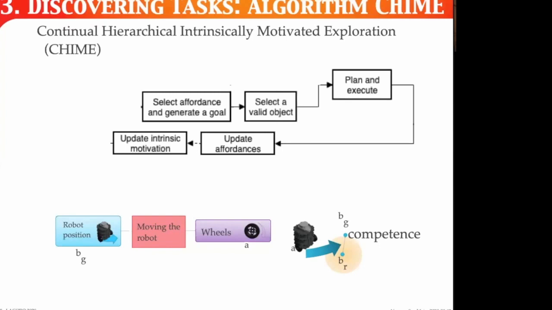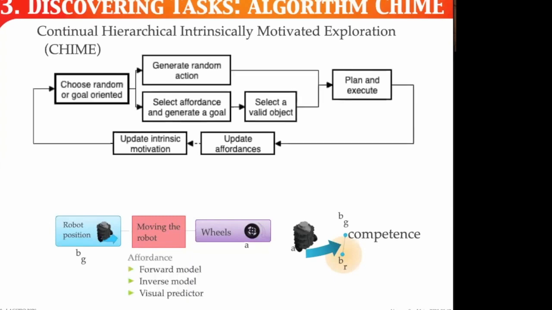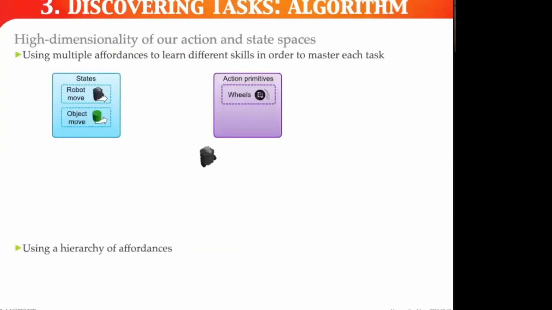And from there, it can have a measure of competence, which is the distance between these two, and update its intrinsic motivation. And then for the next task, it can either do some random exploration or choose another model or another task.